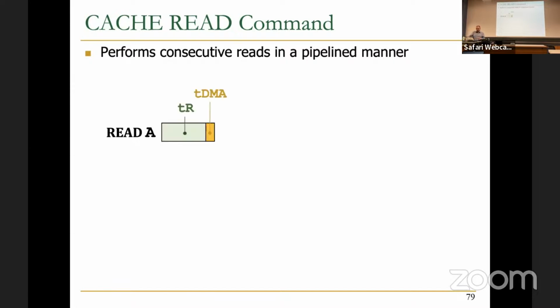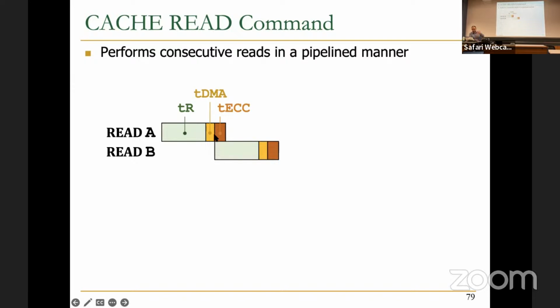So this is the process for read of page A, for example. You need to spend TR and then TDMA and TECC. Then for the second read, you need to wait until TR and TDMA are done.